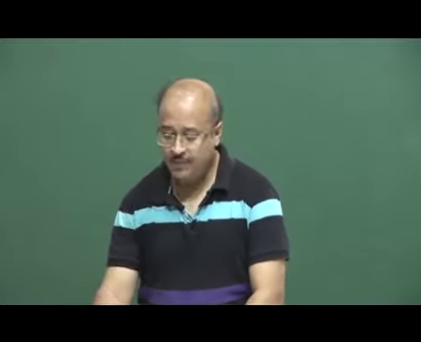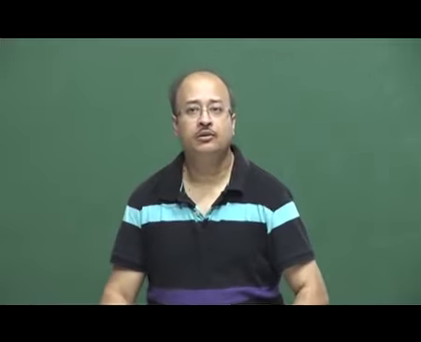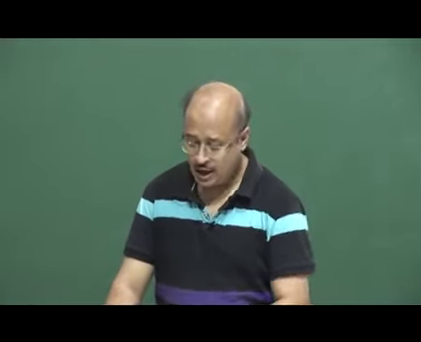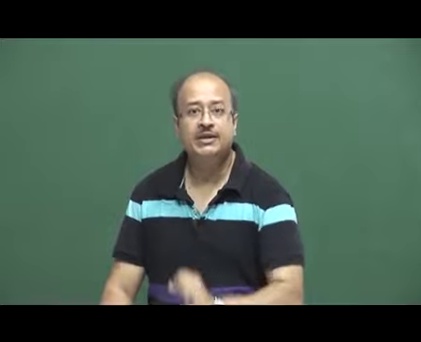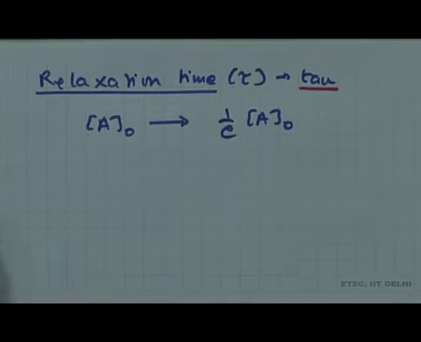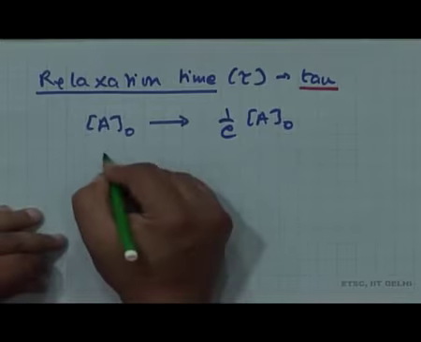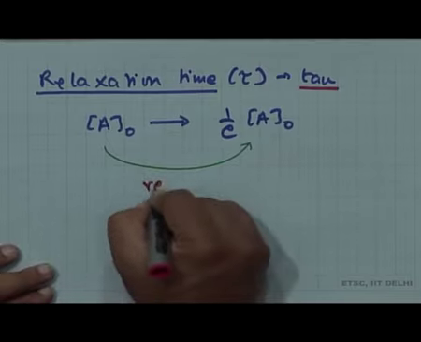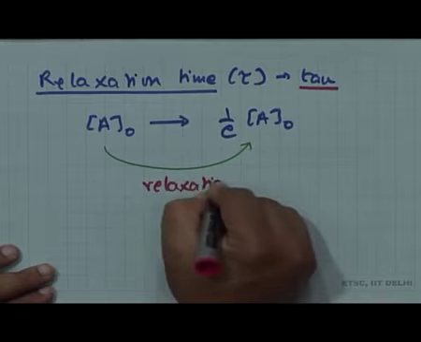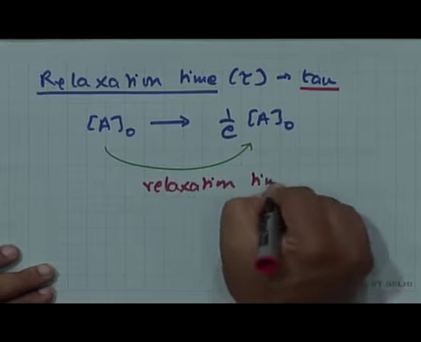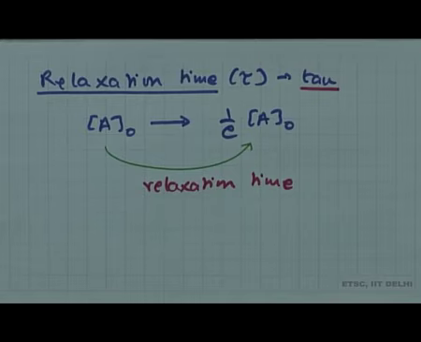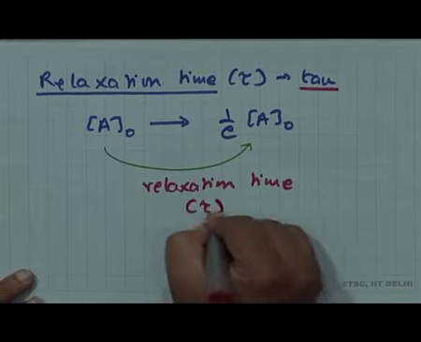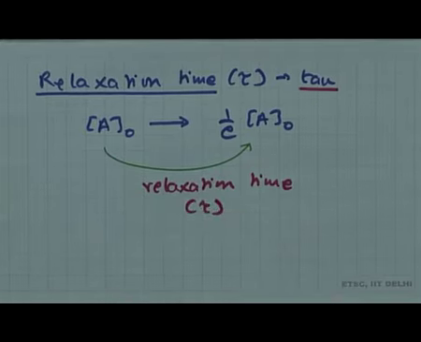Why? 1 by e essentially is the inverse of e, but what it tells you is that the time it takes for A to go to 1 by e of its original value is referred to as the relaxation time, which can be symbolized as tau.